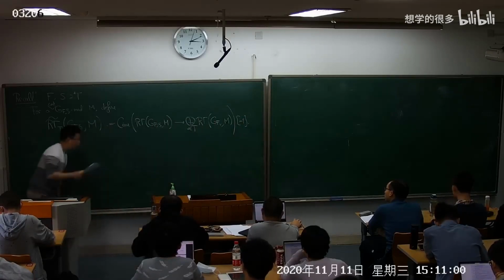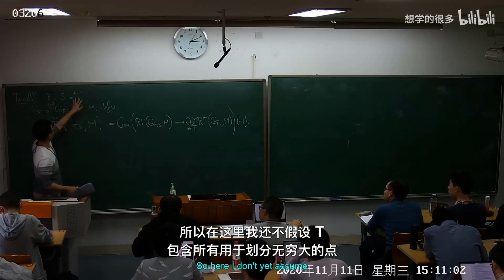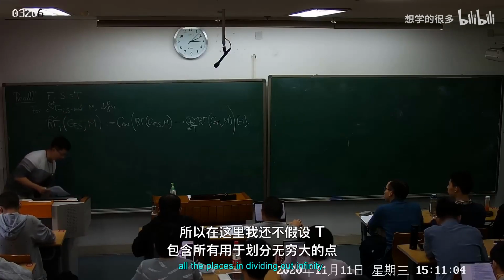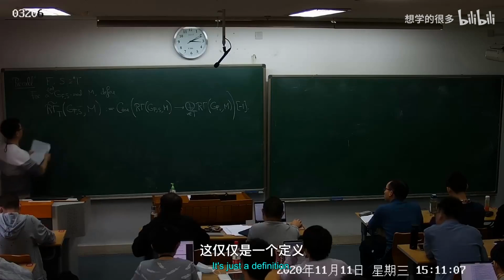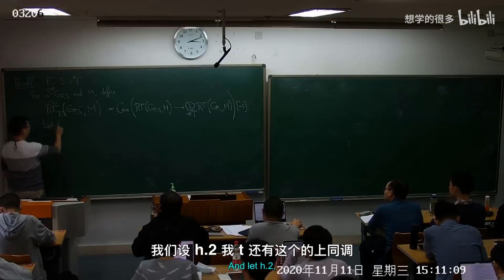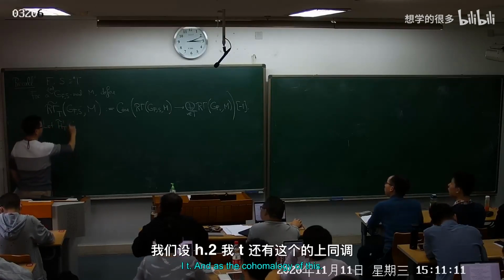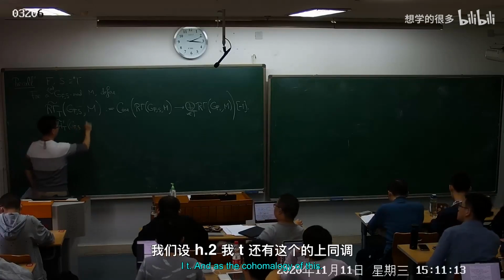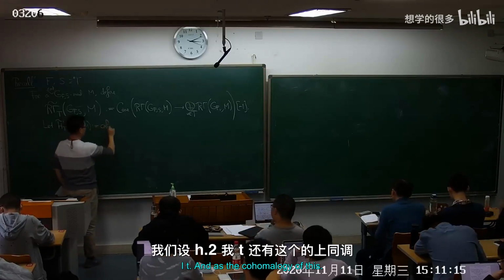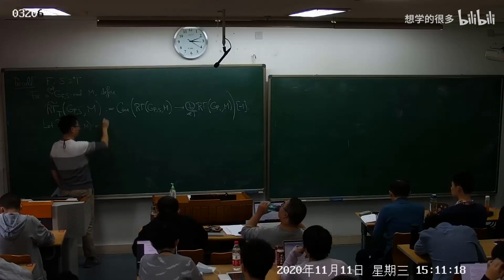Here I don't yet assume that T contains all the places dividing L and infinity. It's just a definition, and let H^i_T(G_{F,S}, M) be the cohomology of this. H^i is cohomology, of course.